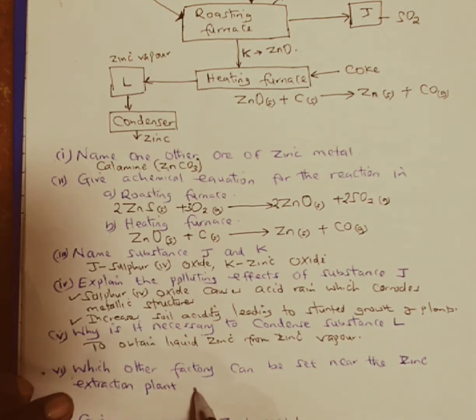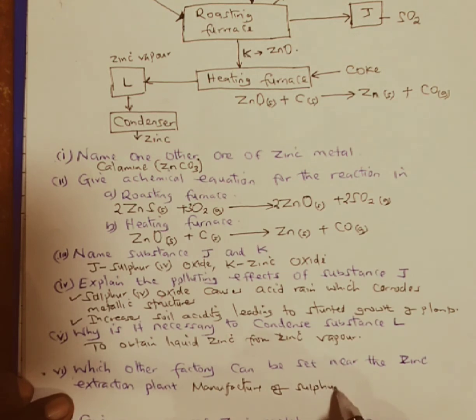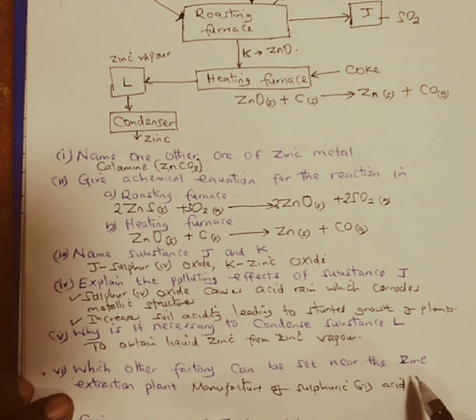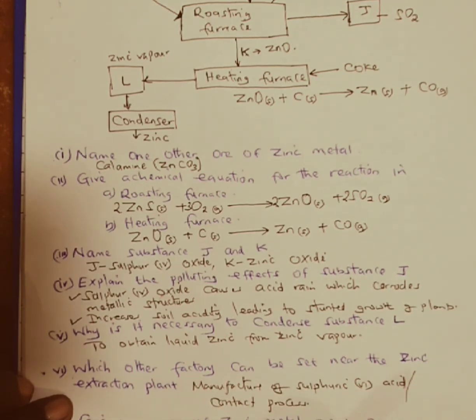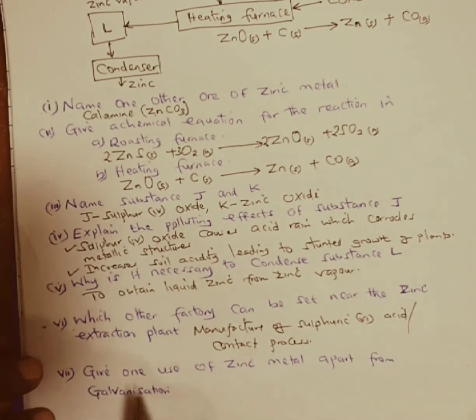So we can say a factory that manufactures sulfuric 6 acid, or simply what we call contact process. Contact process is a process that manufactures concentrated sulfuric 6 acid.